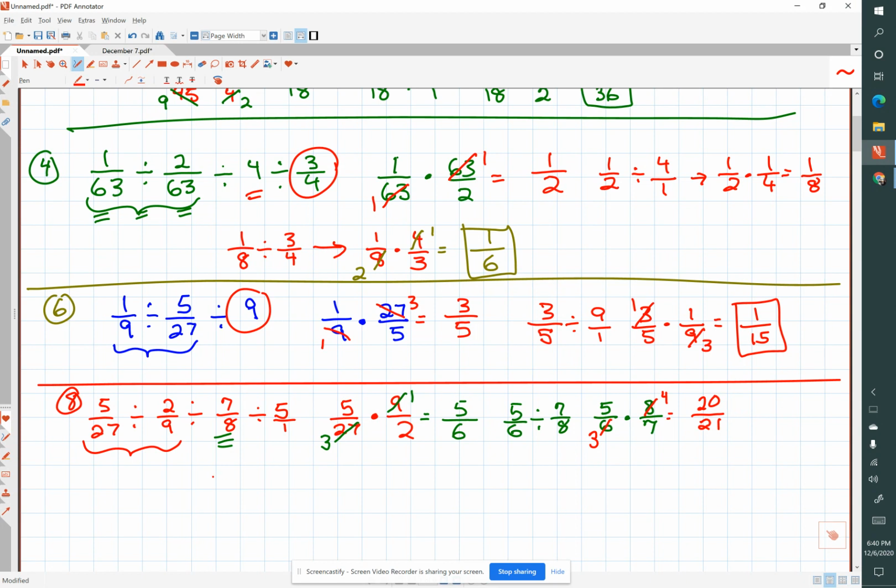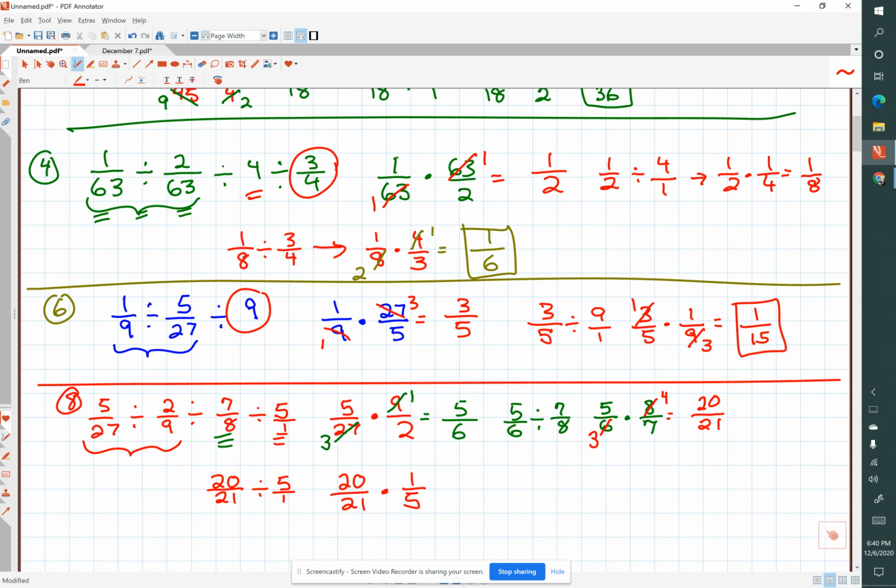Okay, now we're going to take that 20 over 21 and we're going to divide it by the last number, which is 5, which we put over a 1. Let's rewrite that as multiplication by the reciprocal.